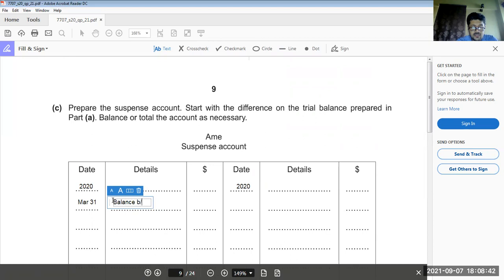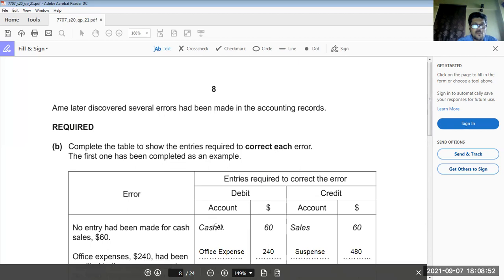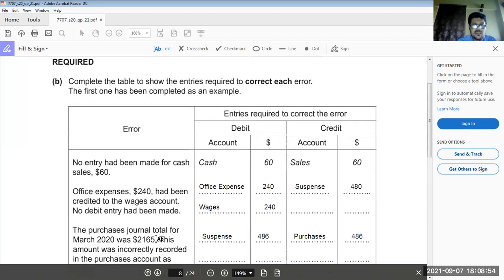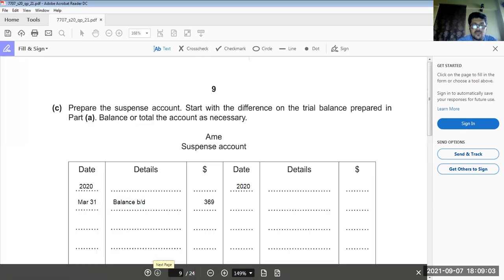Balance b/d was on the debit side, 369. From the first entry there's nothing, as that was an error of omission. In the second entry, we have to credit suspense two times, one for office expense, one for wages.